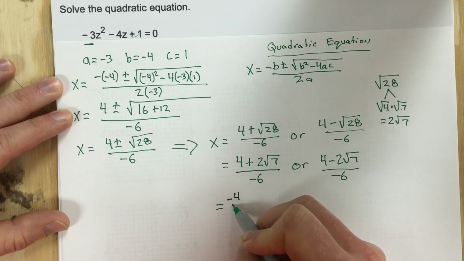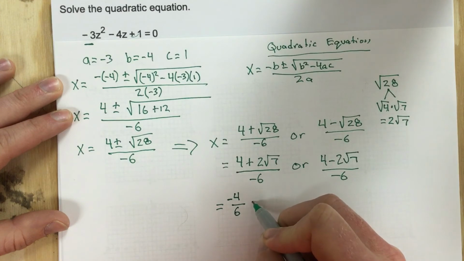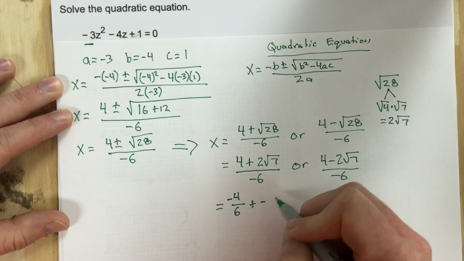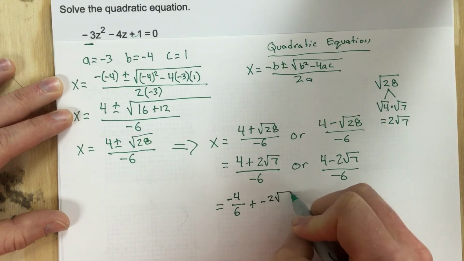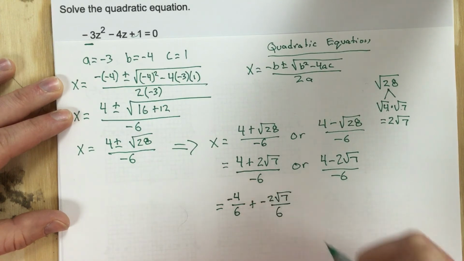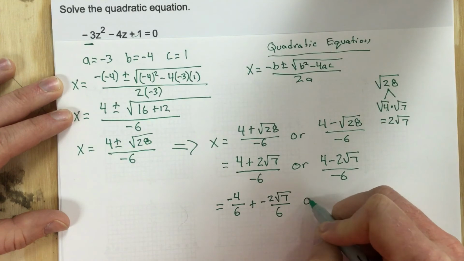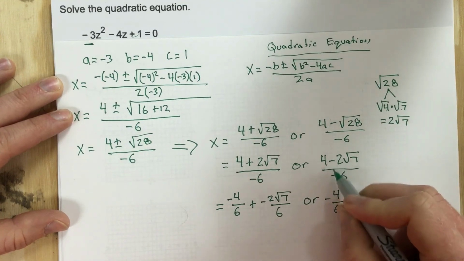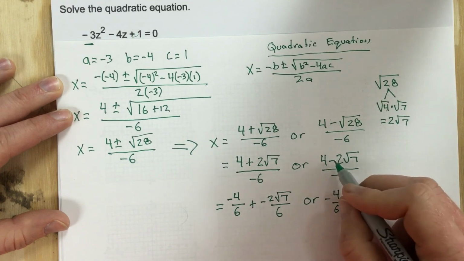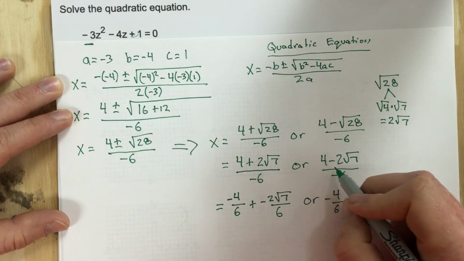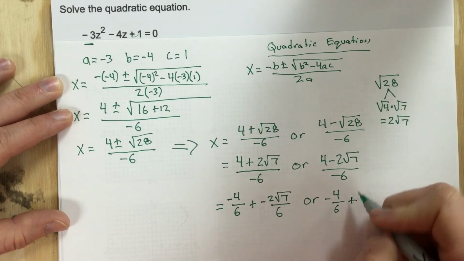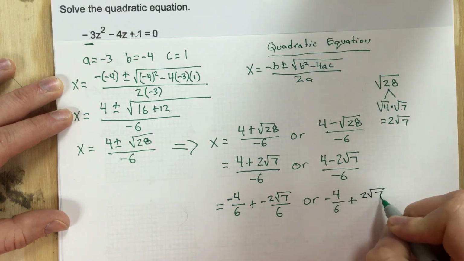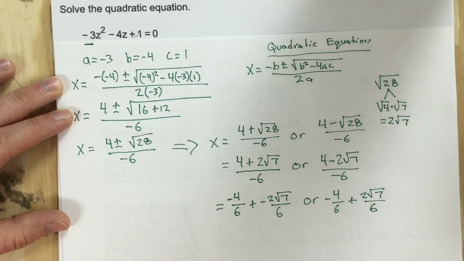We're going to split each of these, so we end up with -4 over 6 plus -2 root 7 over 6, or -4 over 6, and this will be, instead of a negative, a positive, because of the two negatives, 2 root 7 over 6.